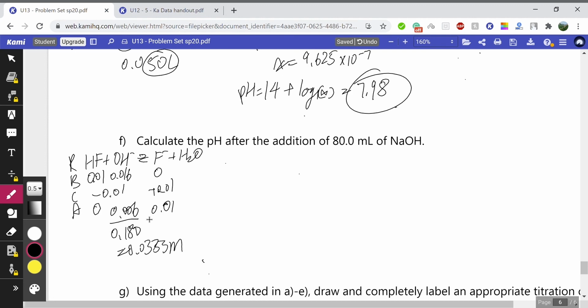This is the concentration of OH minus. Now we can just do 14 plus the log of the concentration of OH minus, and that will give us our pH. So 14 plus the log of 0.0333 will give us a pH of 12.52.